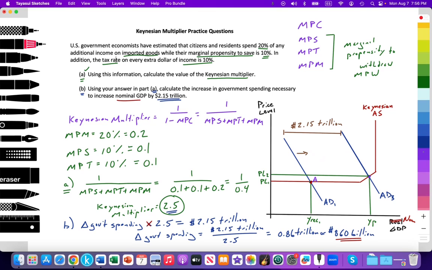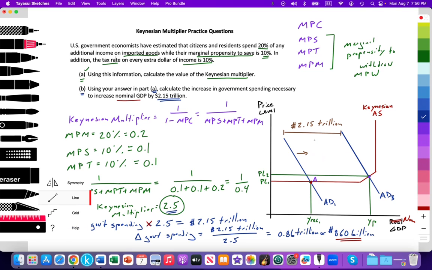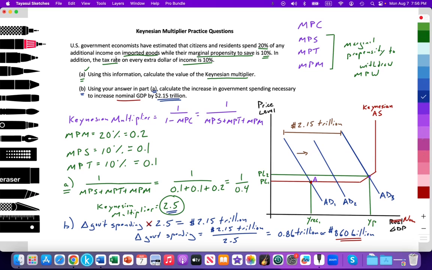So that means that the aggregate demand curve would shift out from AD1 to AD2. And that increase from AD1 to AD2 is a result of $860 billion of government spending being injected into the US economy. So that is 860 billion right here, or 0.86 trillion.